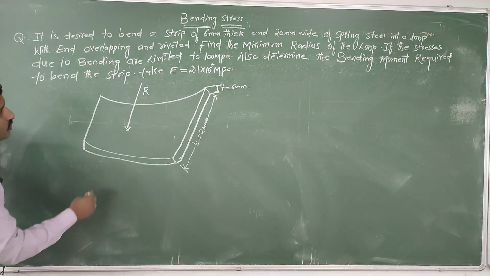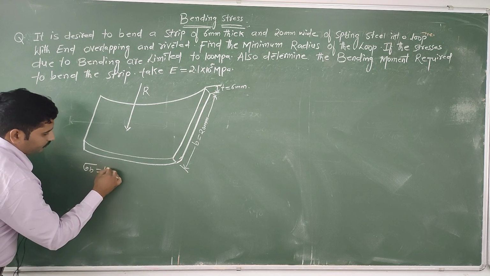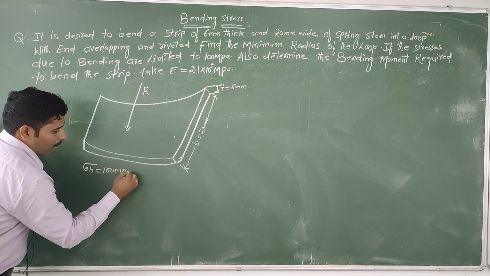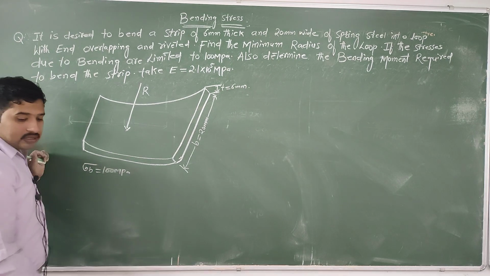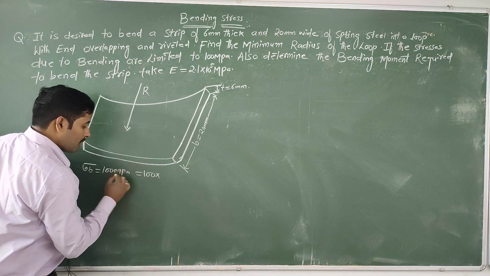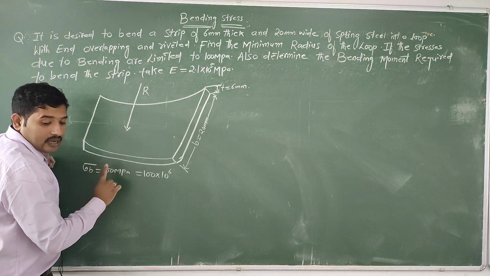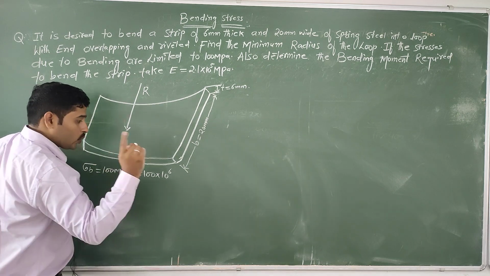So here, how much bending stress is given? The bending stress is given as 100 megapascal. Mega means 10 power of 6. 1 Pascal is equal to 1 Newton per meter square, you know very well.